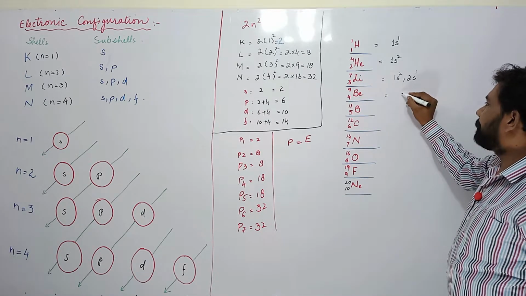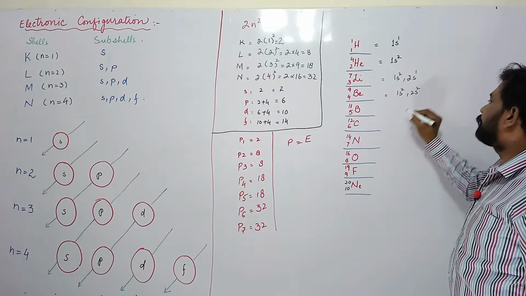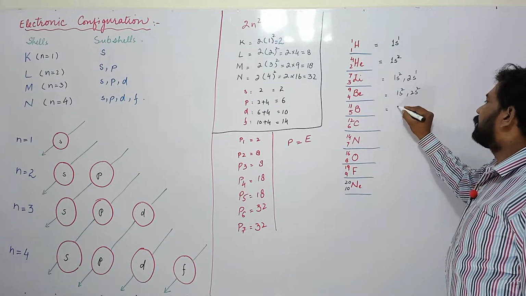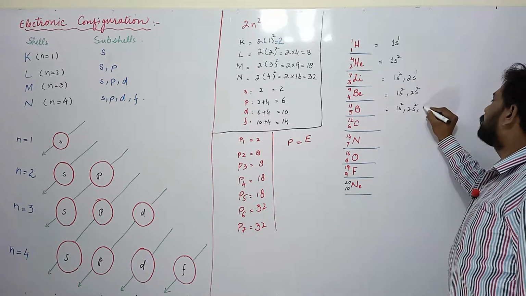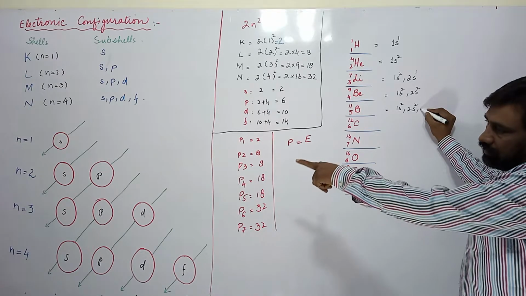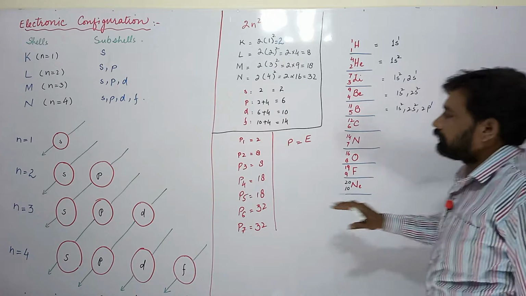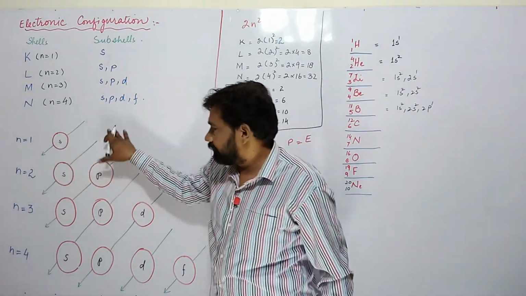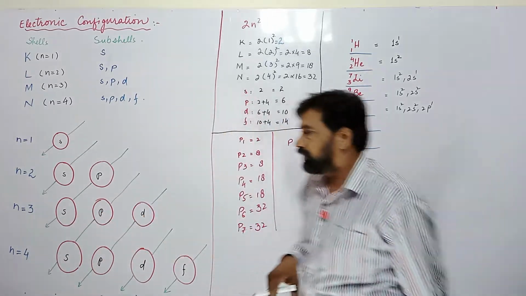In case of beryllium, 1s2 and 2s2. In case of boron, 1s2, 2s2 and after that which one? 2p1. Starting from here 1s, 2s, then 2p and after that 3s.